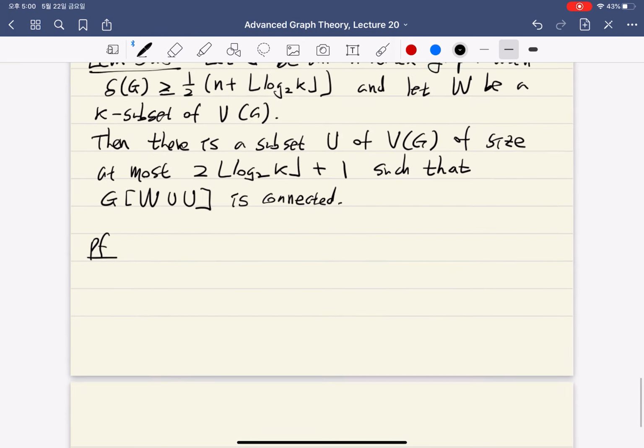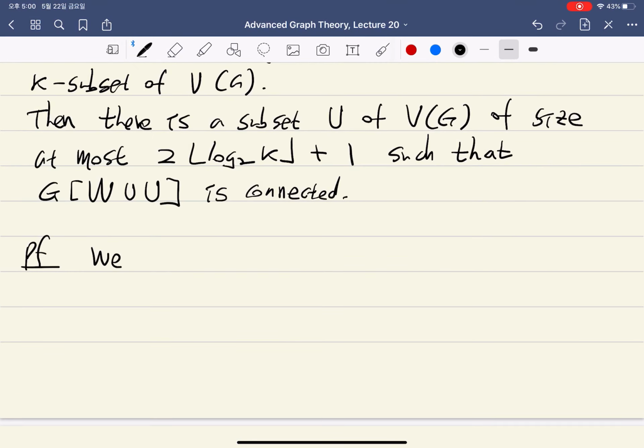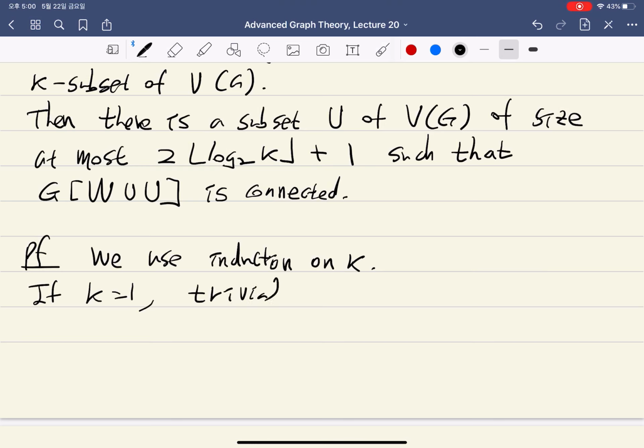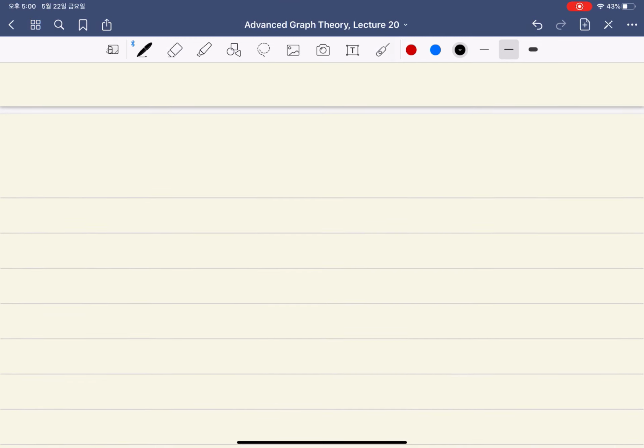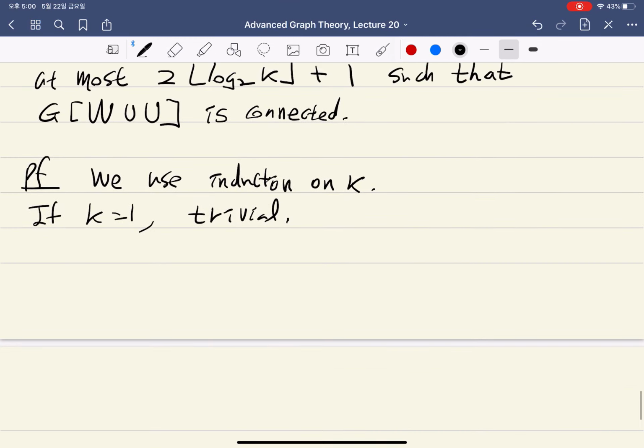So let's use induction. If K is 1, then there is nothing to prove, because taking U as an empty set already works. So assume K is at least 2.